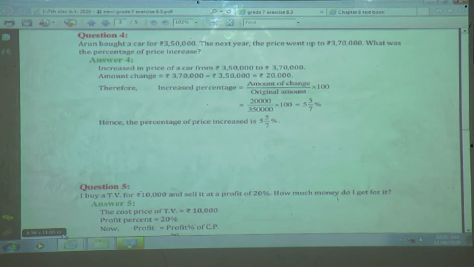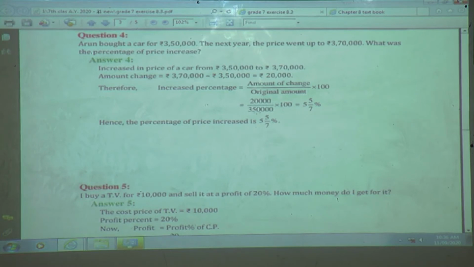Same as what we did in the previous sum. What was the change? After subtracting these two, we get 20,000. Therefore the increased percentage is the amount change upon the original amount. The amount change is 20,000 and the original amount is 3,50,000, multiplied by 100.